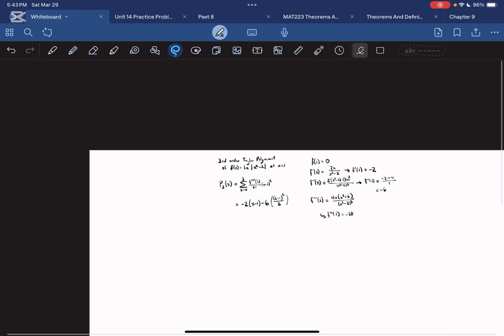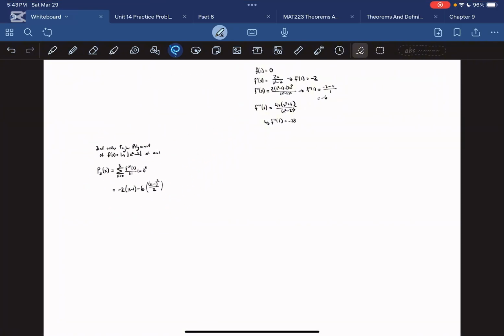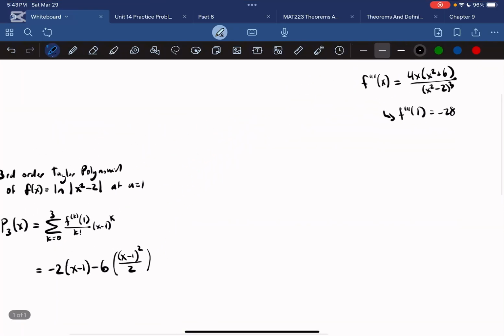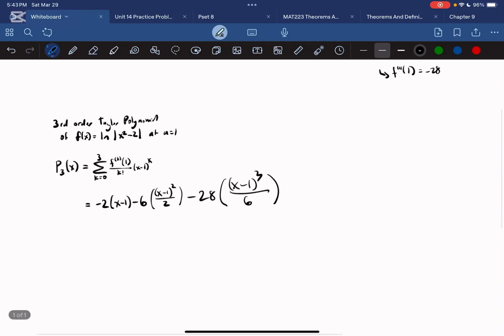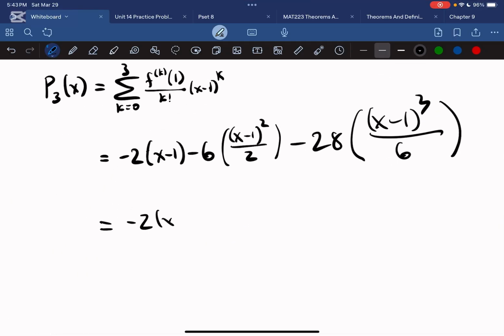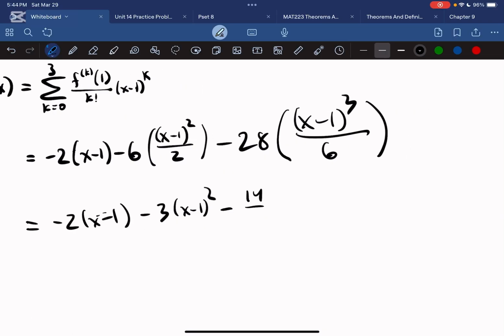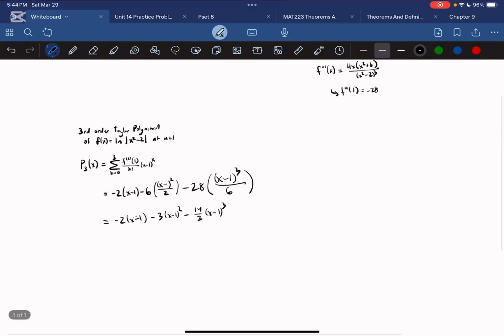Hold on, let me move this to the side. I don't have enough room here. And then when k is equal to 3, we have -28 times x minus 1 cubed over 3 factorial, which is 6. So then we end up with -2 times x minus 1, minus 3 times x minus 1 squared, minus 14 over 3 times x minus 1 cubed. And boom, that's the answer.